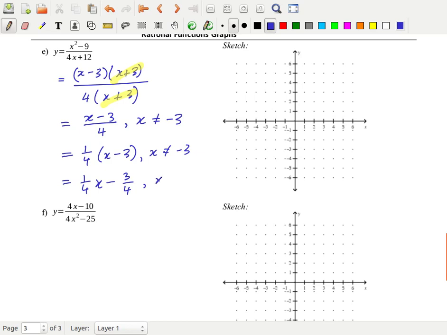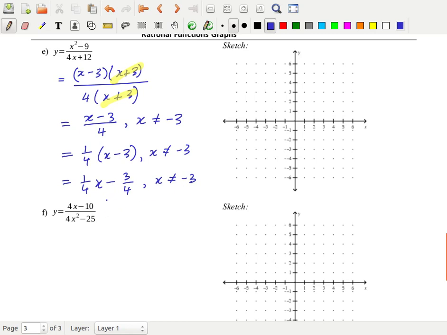And if you simplify it further, I would probably like to see that those restrictions carry on, because what you're saying is this first line is the same as this second line, is the same as this third line, only where x is not equal to 3, or not equal to -3, is only equal to this when x is not -3.